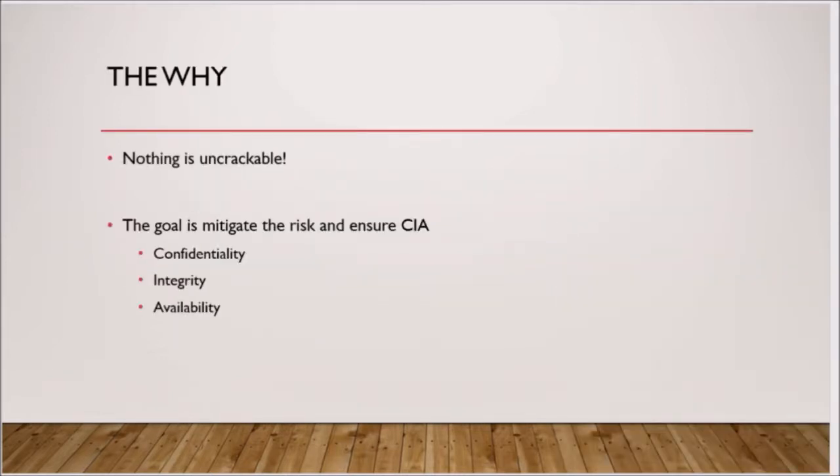So the why. What's in it for you? Primarily risk mitigation. All the information on your computer is always at risk. So we want to mitigate that risk and become a hard target. In order to mitigate that risk, you have to maintain confidentiality, integrity, and availability.